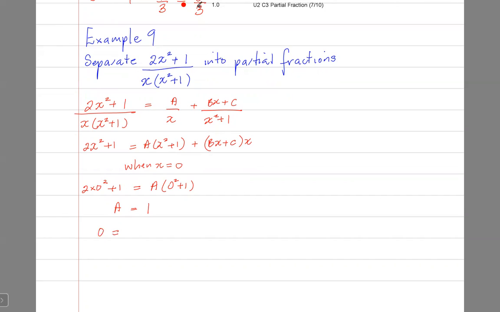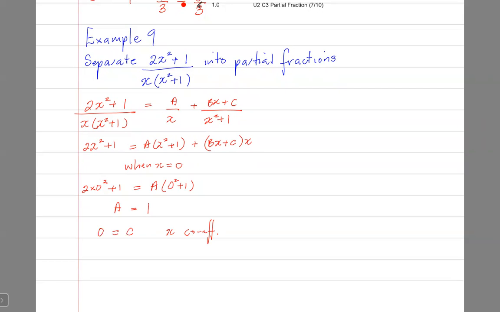And if I expand bx plus c times x, I'm going to get bx squared plus cx. So c is equal to 0. And this is looking at the x coefficient. So I have a, I have c. What I need now is b.